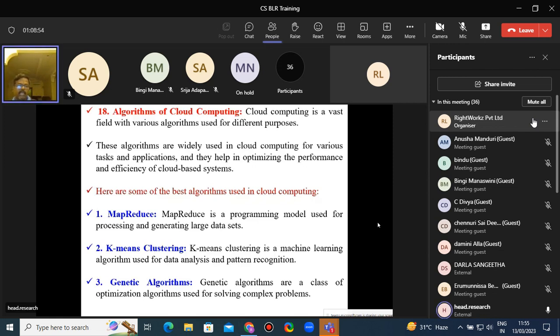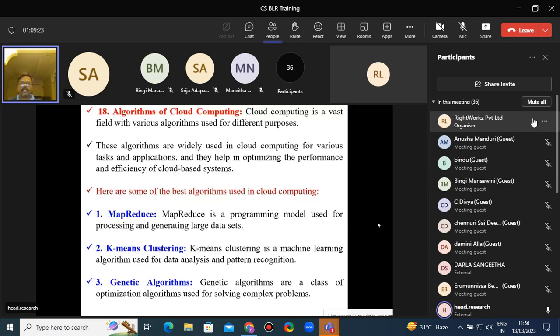That is called MapReduce. It is a programming model used for processing and generating large data sets. K-means clustering. K-means clustering is a machine learning algorithm used for data analysis and pattern recognition. Genetic algorithms are a class of optimization algorithms used for complex problems.